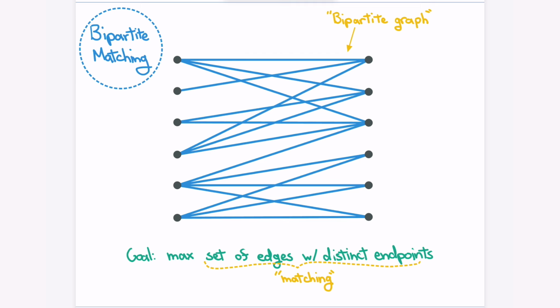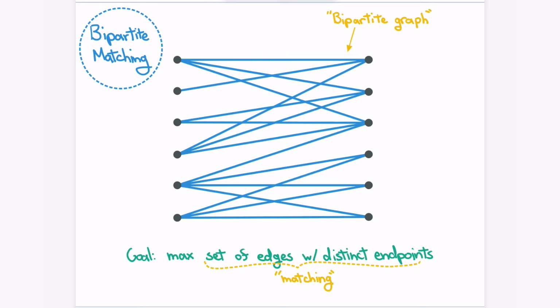So here is a particular kind of graph, a bipartite graph. I'm able to split the vertices into two sets, and every edge has one endpoint in one and one endpoint in the other: a side, b side, left side, right side. We're going to look at two problems on a bipartite graph and understand the relationship. The first one is called a matching.